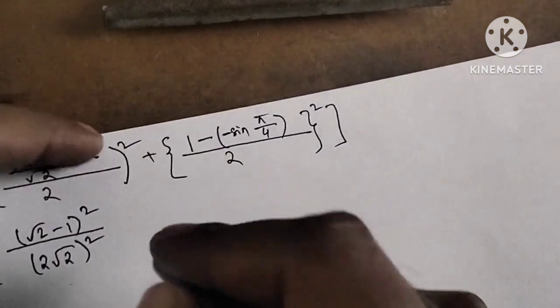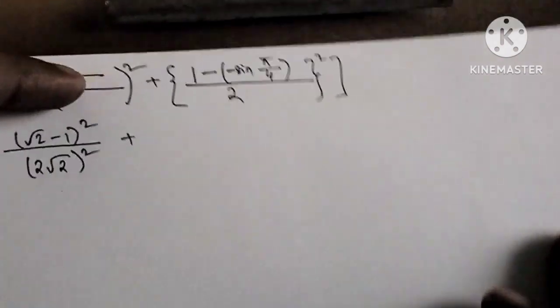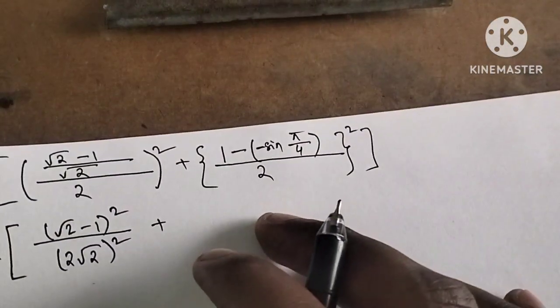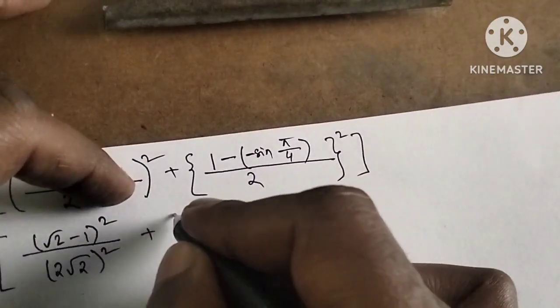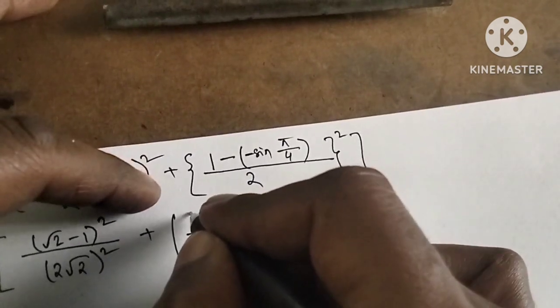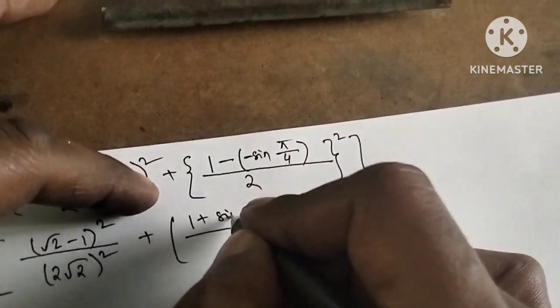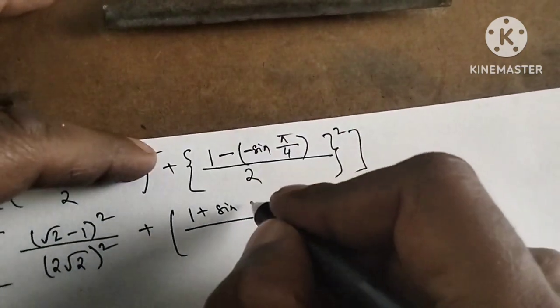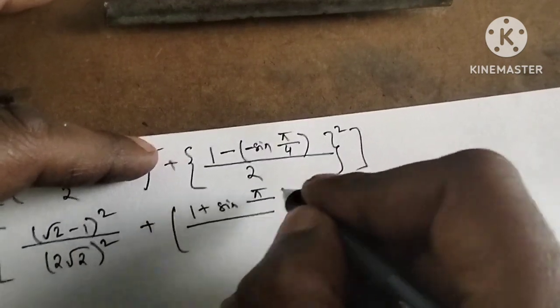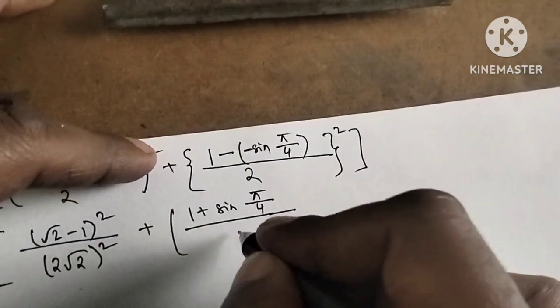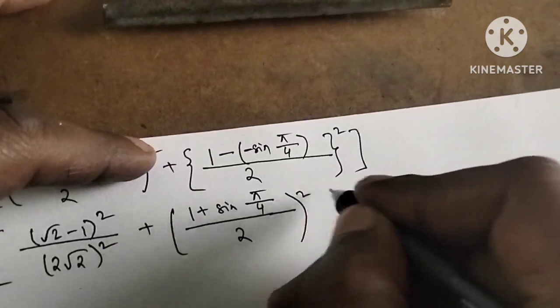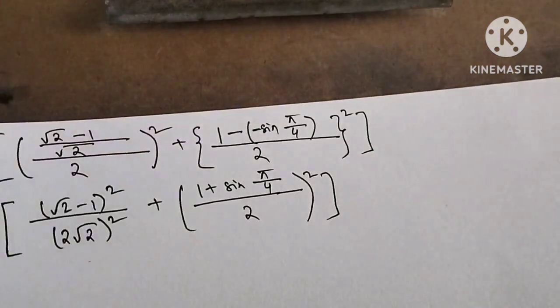Okay, and here it will be 1 plus sine pi by 4 by 2 whole square, right?